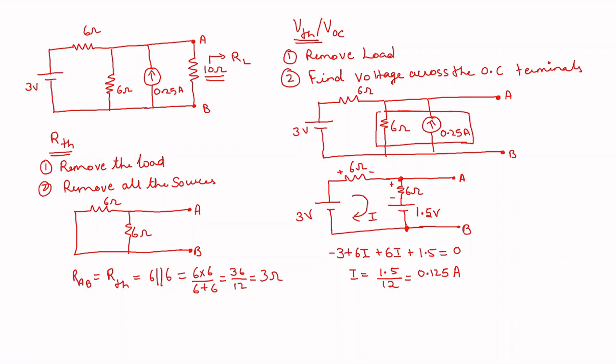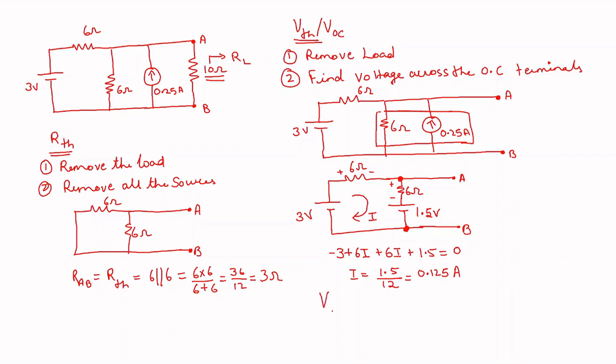So the voltage across these 2 points is found by this 6 into I, that is the potential across the 6 ohms, isn't it? 6 into I is 6 into 0.125, which makes 0.75 volt. So see the polarities from this point top to bottom. When I cross, the polarities are plus minus plus minus.